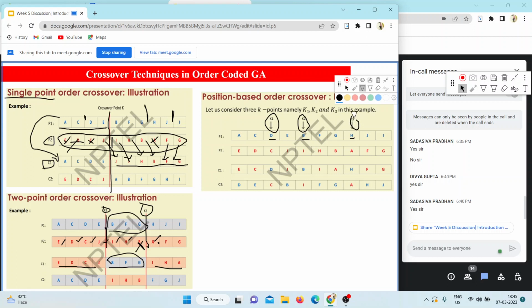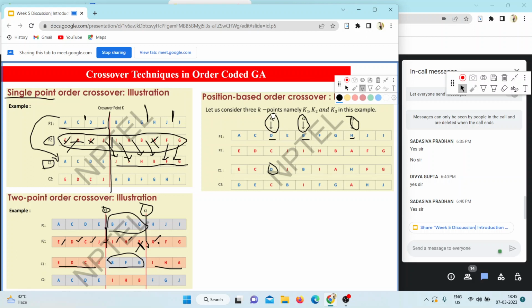These three positions we are fixing, and whatever positions we are fixing, we copy exactly the same bits of the fixed positions to child 1, right? So from P1 we are copying exactly the bits that we have fixed to child 1.